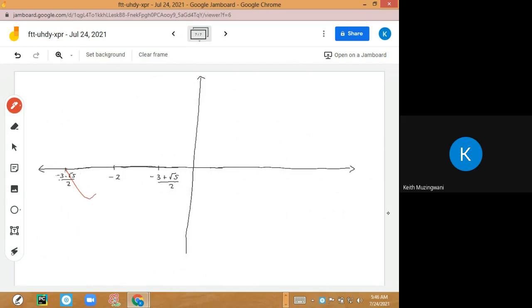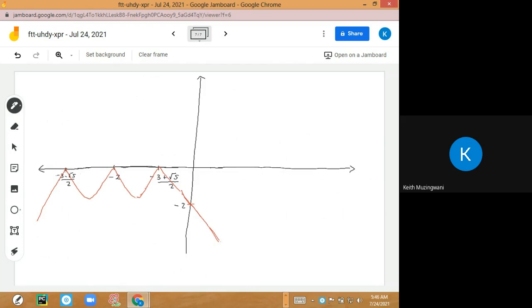There's a curve here, and there's another curve here, and then it goes down. It goes down, and it's crossing at negative 2.